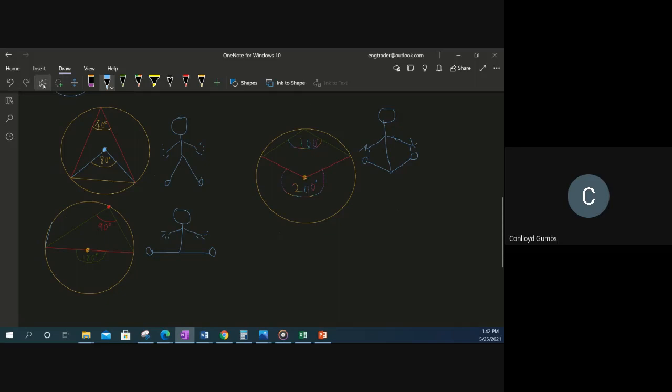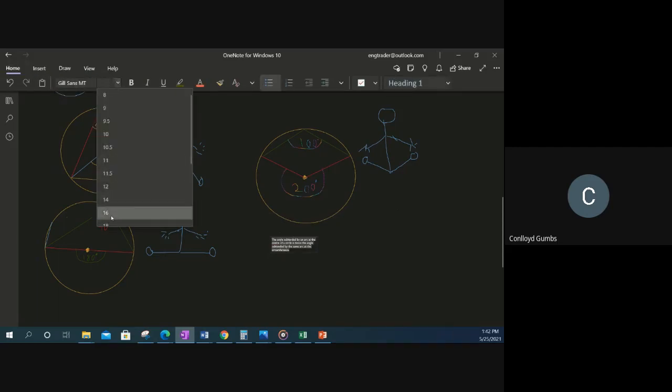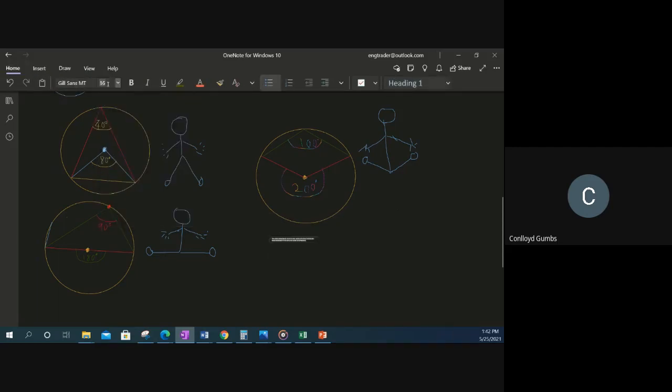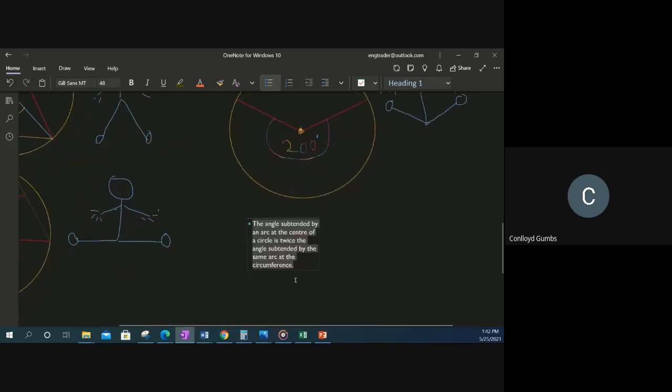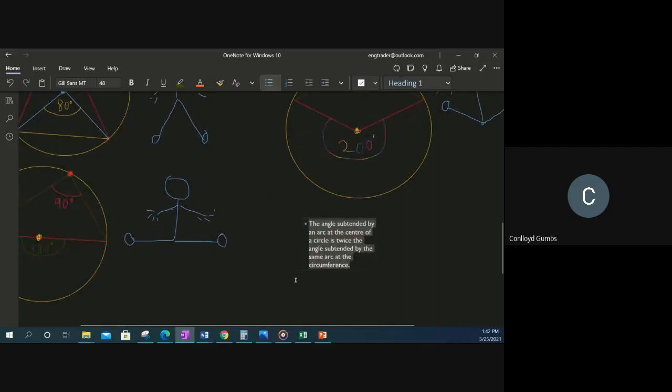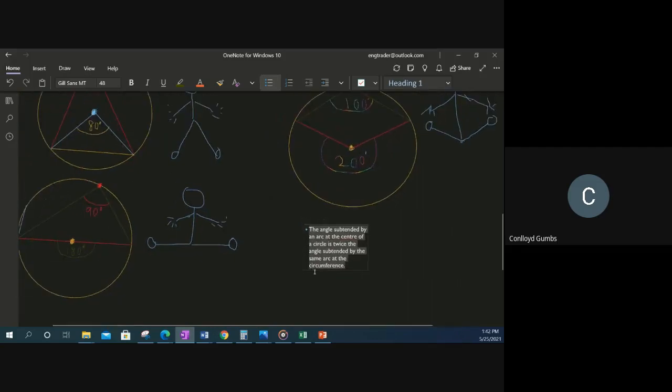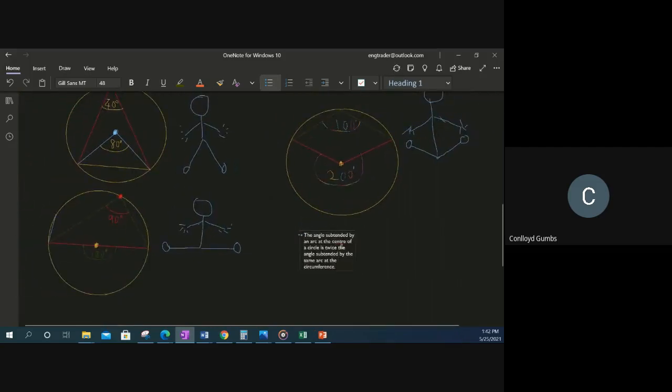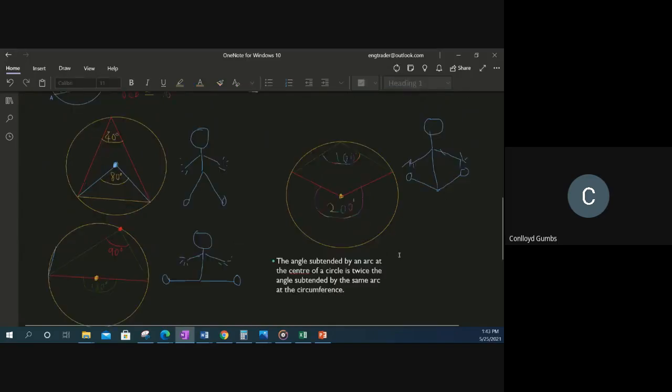When we're talking about this, we're saying that the angle subtended, let's make this bigger for us to see, the angle subtended by an arc at the center of the circle is twice the angle subtended by the same arc at the circumference. You could also put it in your own words, obviously, but this is the theorem itself.